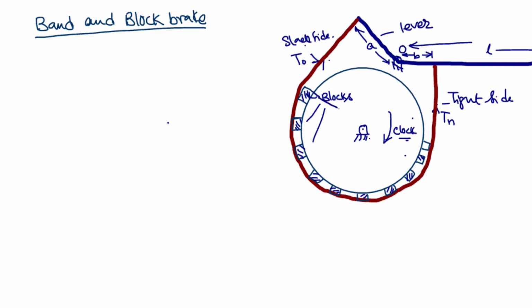The angle subtended by this block is 2 theta. This is the second block, third block, fourth block. There are n blocks. The number of blocks is n.